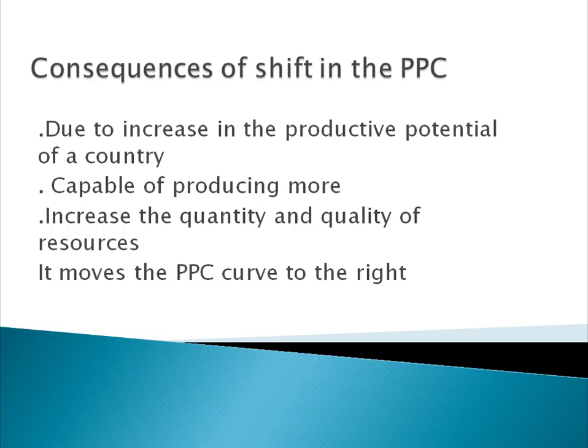Maybe you are getting more factors of production, more resources, and your resources are more productive, then you are capable of producing more. Increasing the quality of resources means you are working on the existing resources and increasing their quality of work. So this can also shift the production possibility curve beyond. It moves the production possibility curve to the right side.